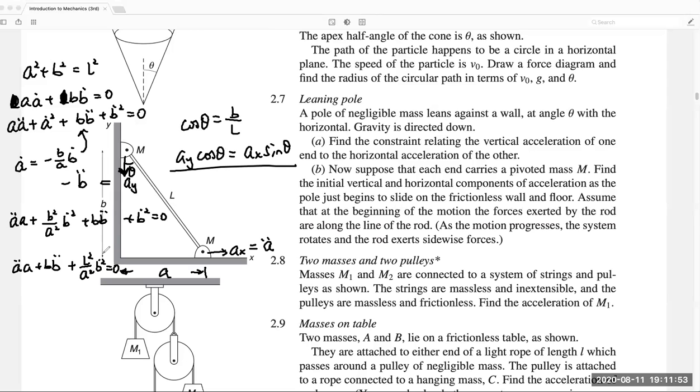And if you write it like this, you can see that actually the answer is not like this one.